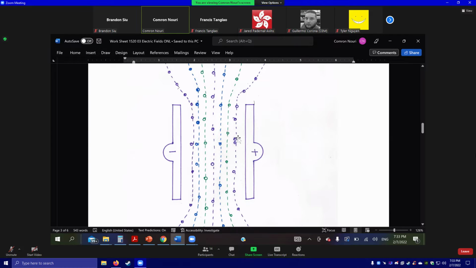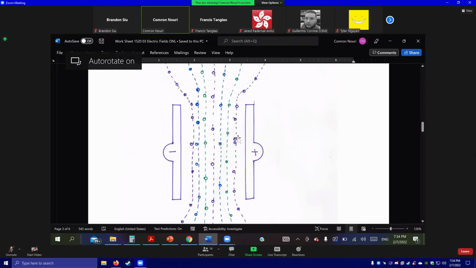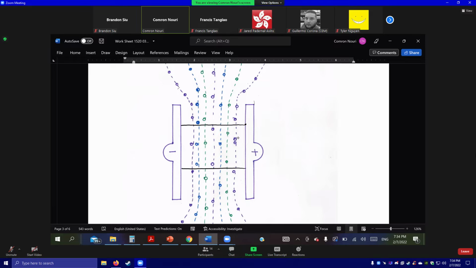So for example, if you want to draw a field line, you can start from anywhere and go perpendicular to this. In this case, it's very easy. Go just perpendicular across. In here also. But when you go from here, it goes like this. You see perpendicular at any point.